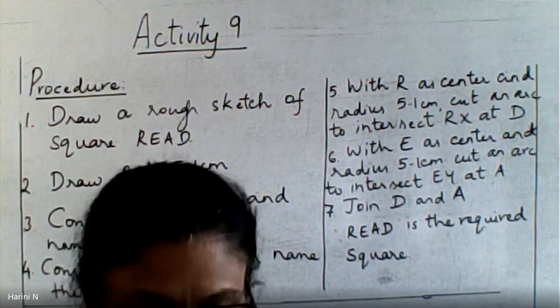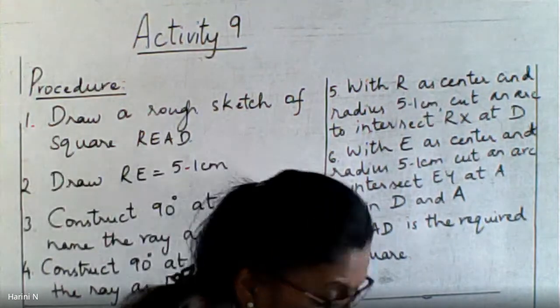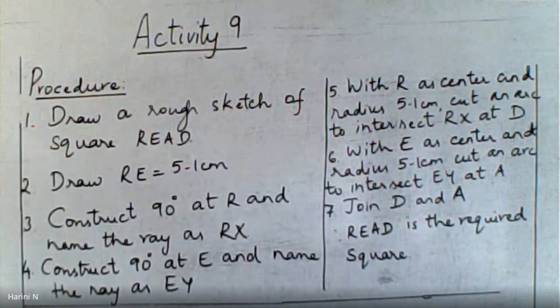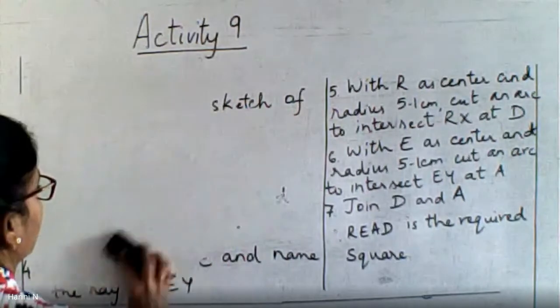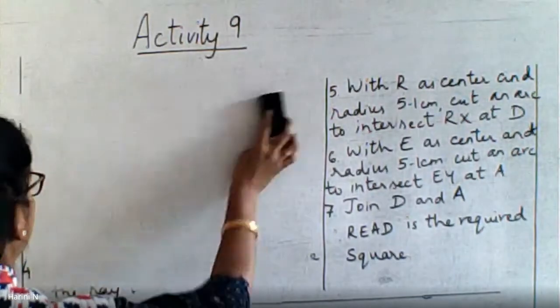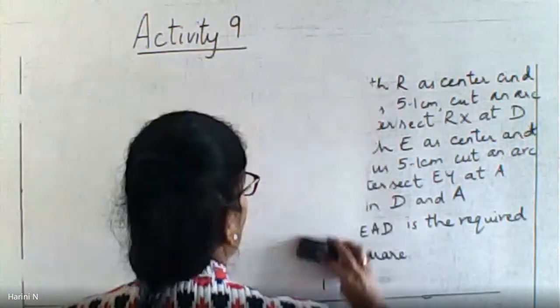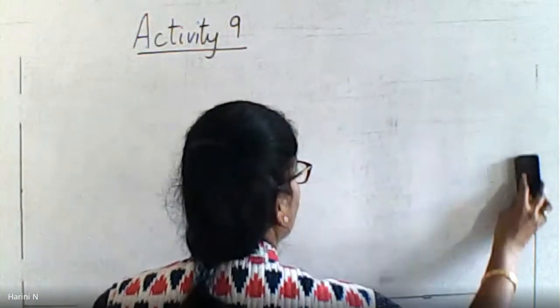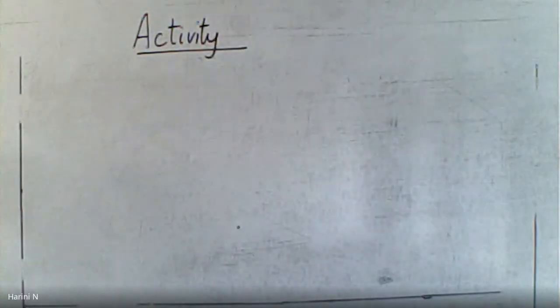So we are on activity 10. Again, you have to come to the right hand side where you have to complete the title, the objective, the materials required. So this will be activity 10.